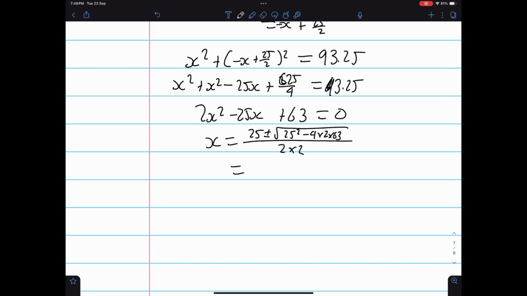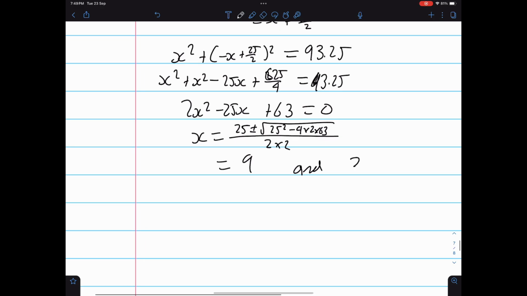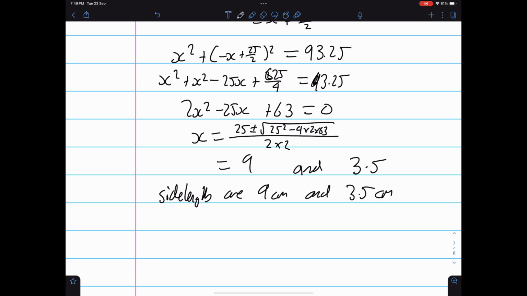So that's 25 plus or minus the square root of 25 squared minus 4 times 2 times 63 over 4. So we get 9 and 3.5. So side lengths are 9 cm and 3.5 centimeters.